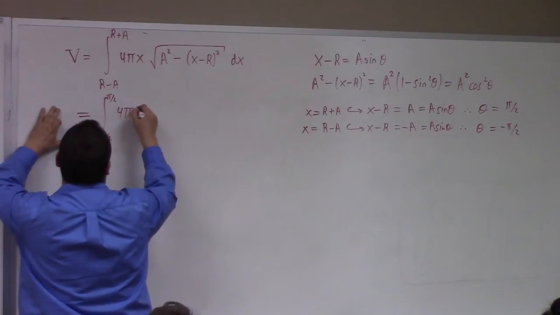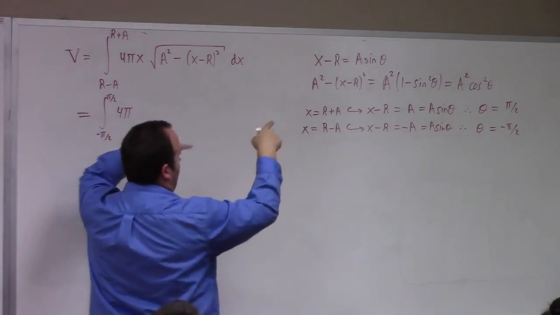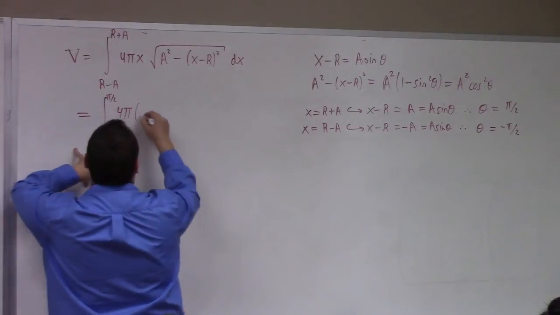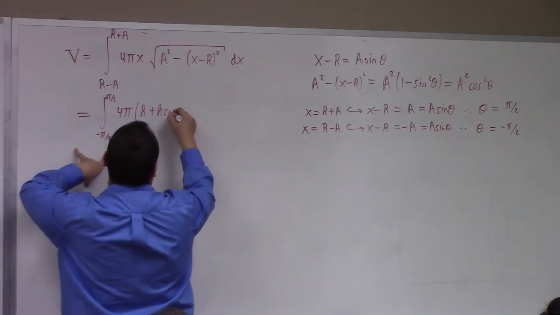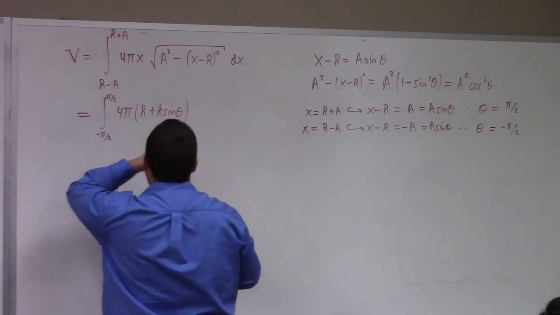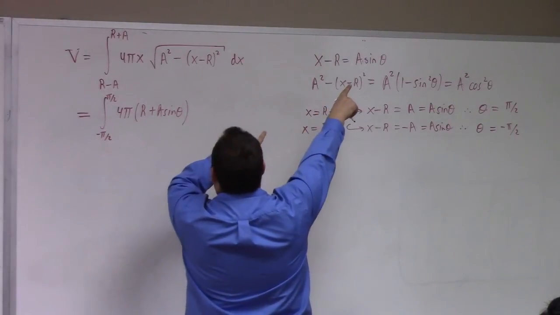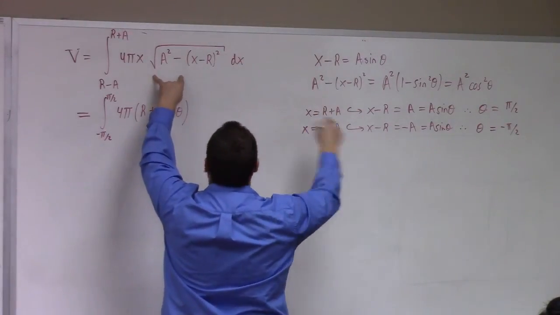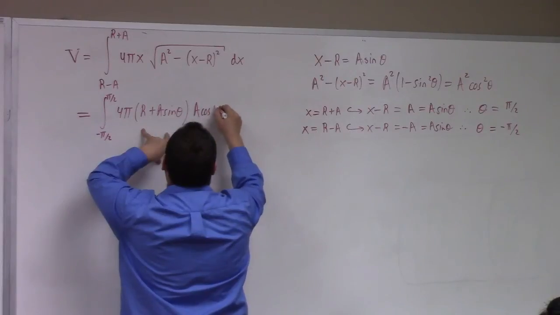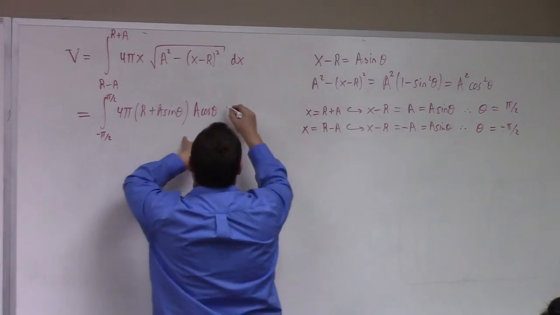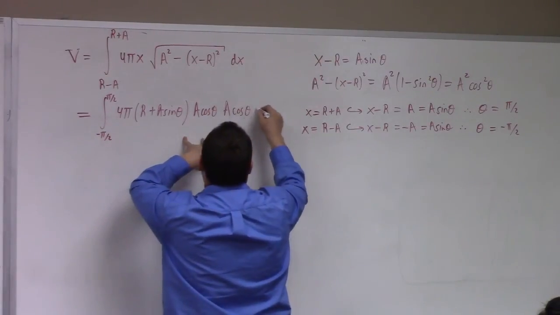So we got ourselves 4 pi. What's x equal to? x is r plus a sine theta, because I solve for x. The square root simplifies to a cosine theta. The dx is another a cosine theta d theta.